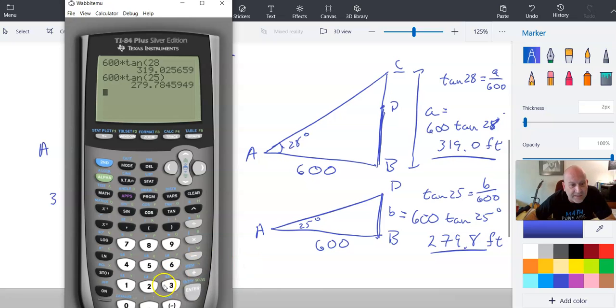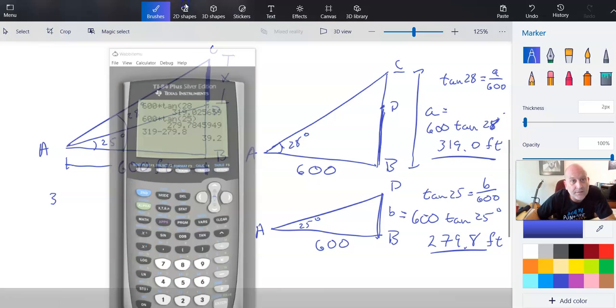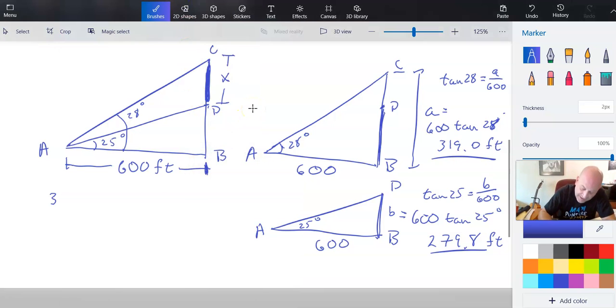It's 319 minus 279.8, and what I get is 39.2 feet. So X is 39.2 feet. And so we just made an indirect measurement.